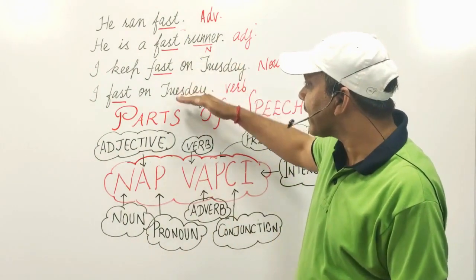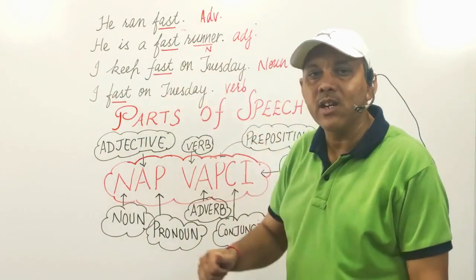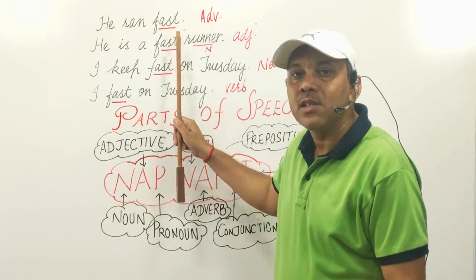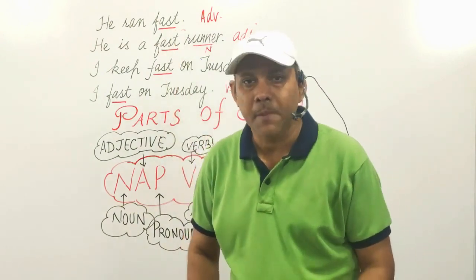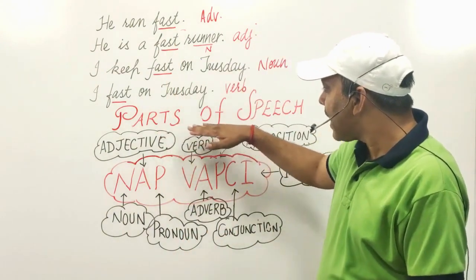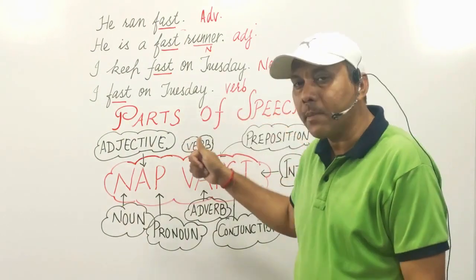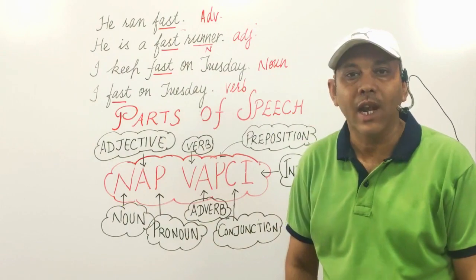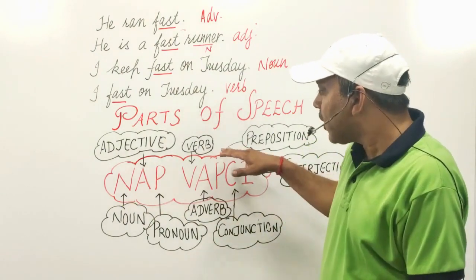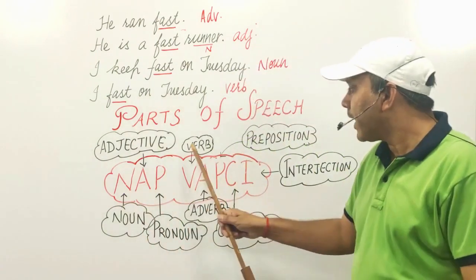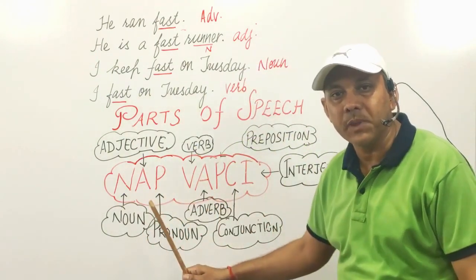So we have to categorize these words and learn which word is playing as which part of speech. There are 8 parts of speech in this language. We can categorize all the words of English language in these 8 different parts of speech.